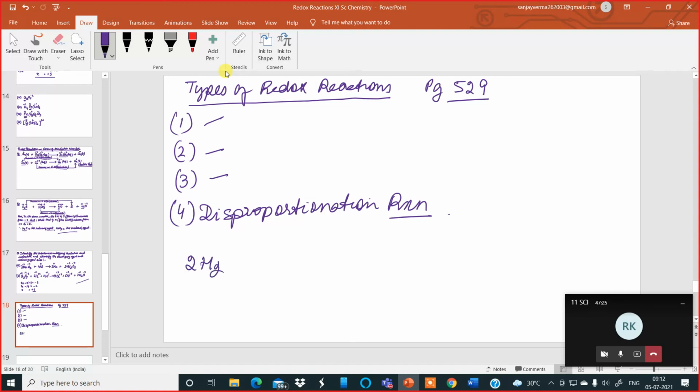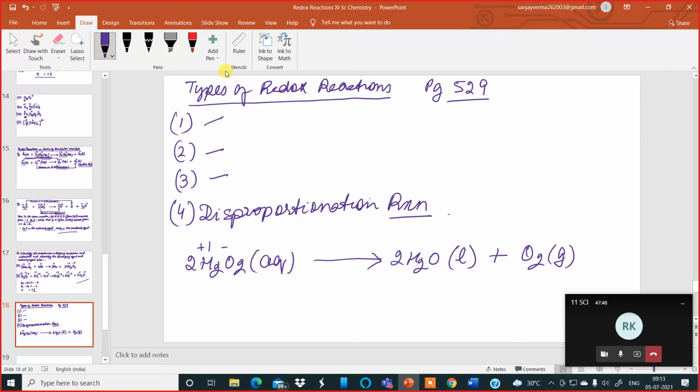Have a look at this. Hydrogen peroxide decomposes to produce water molecule and oxygen gas. Now look at this. In hydrogen peroxide, the hydrogen oxidation number is +1, oxygen is -1.